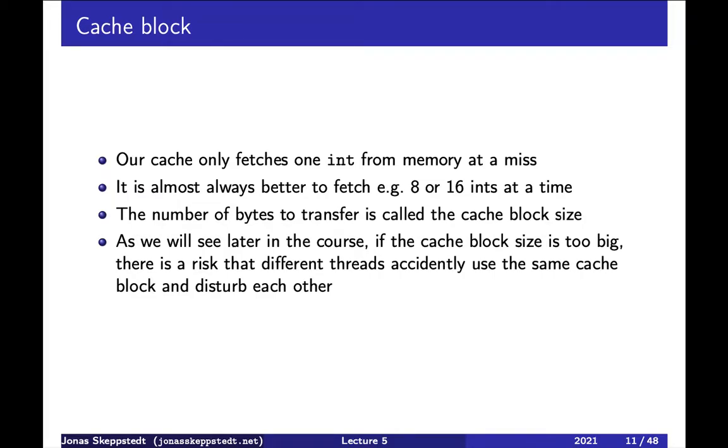So if two different threads want to modify X and Y, which happen to be in the same cache block, then they will get ownership of this cache block like a ping pong match, and it will degrade performance a lot. So, okay, that's very important to consider how to avoid.